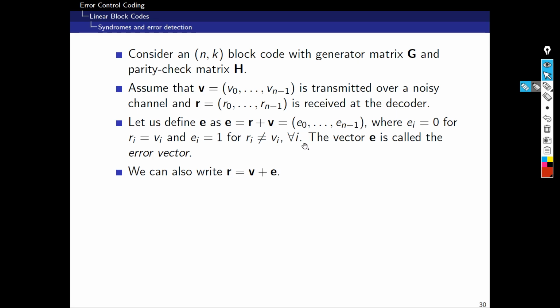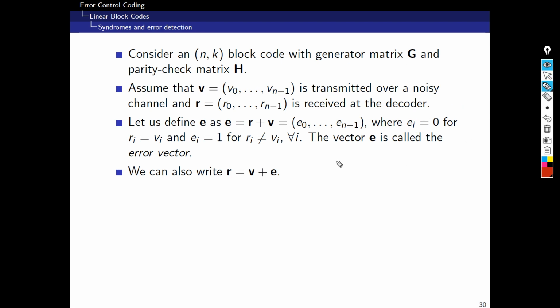Now consider for the block code (n, k) with generator matrix G and parity check matrix H, and we know the relationship between H and G. Yes, you know the relationship: you basically flip the matrix, you transpose it. Assume that V equal to V0 to Vn minus 1 is transmitted over a noisy channel, and R from R0 to Rn minus 1 is received at the decoder. This is now what we have.